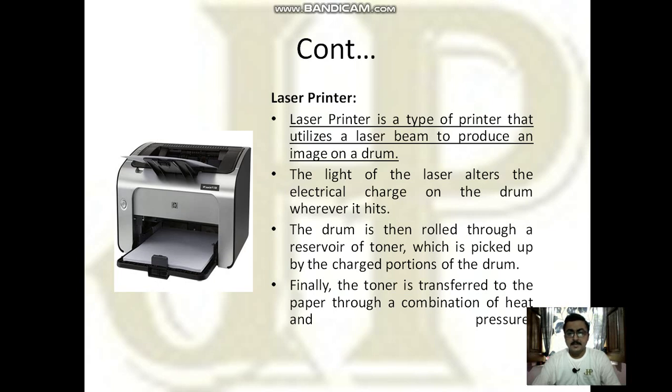The drum is then rolled through a reservoir of toner, which is picked up by the charged portion of the drum. Finally, the toner is transferred to the paper through a combination of heat and pressure. Clear? So, the laser printer is the most widely used printer nowadays.